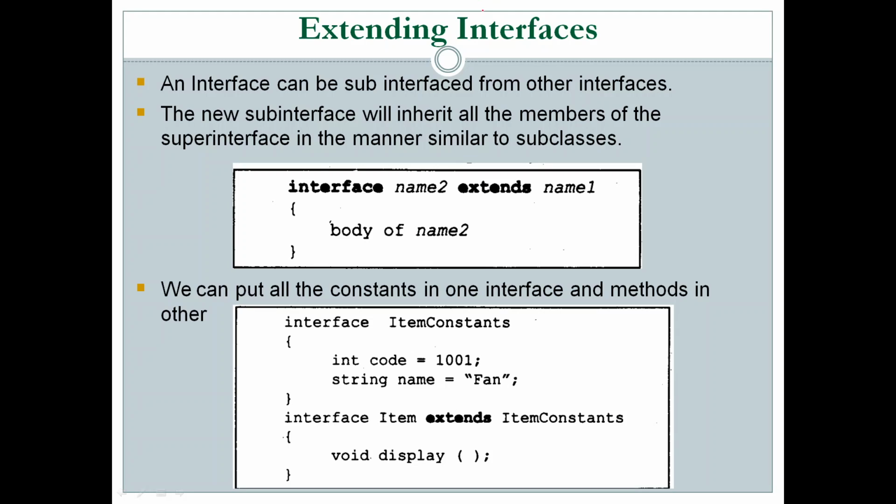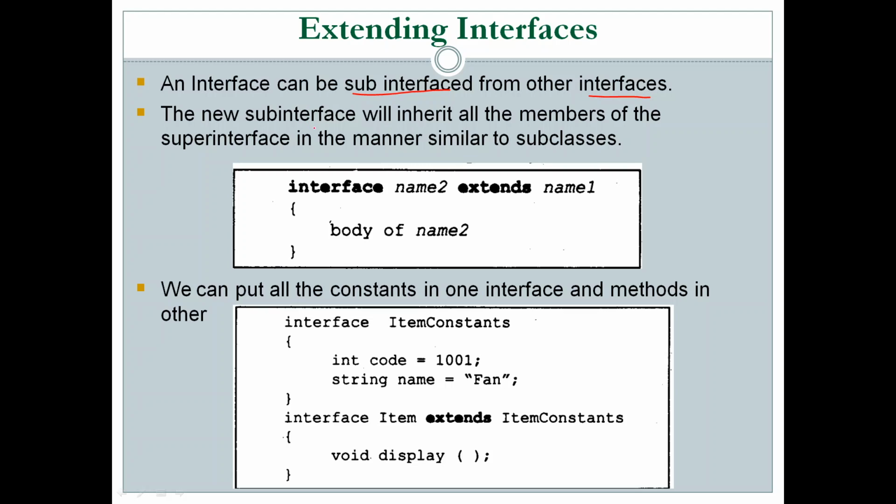Extending interfaces. Like a class can inherit from another class, even an interface can inherit from another interface, and this is called extending interfaces. An interface can be sub-interfaced from other interfaces, meaning one interface can inherit from another interface.